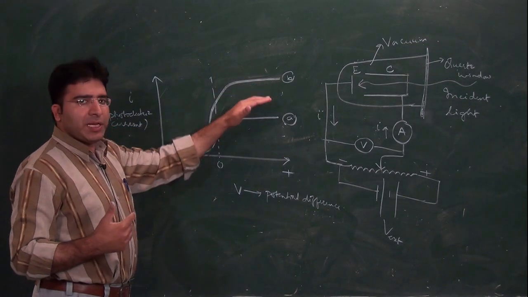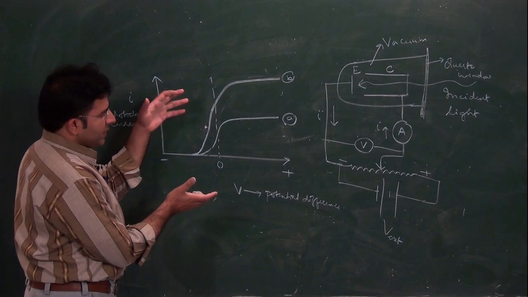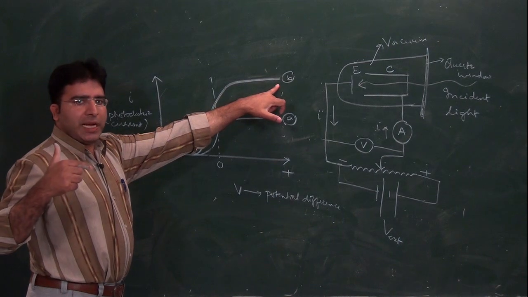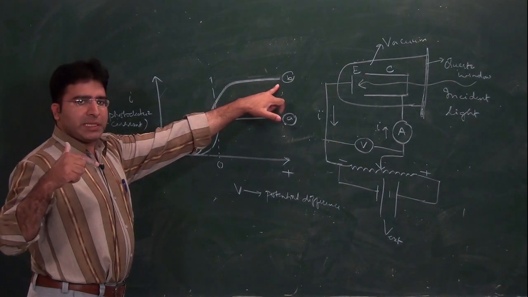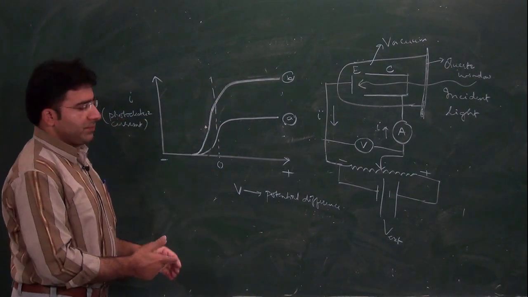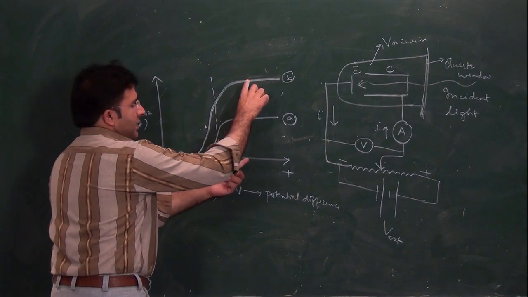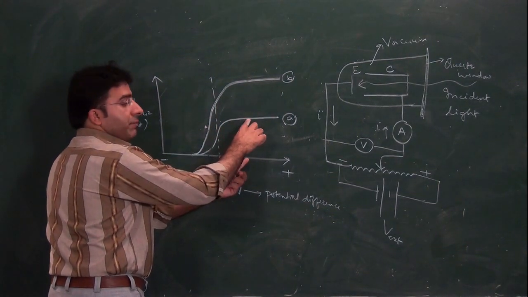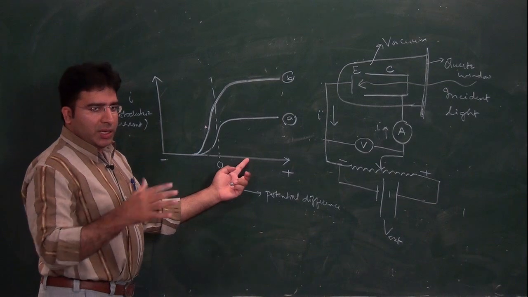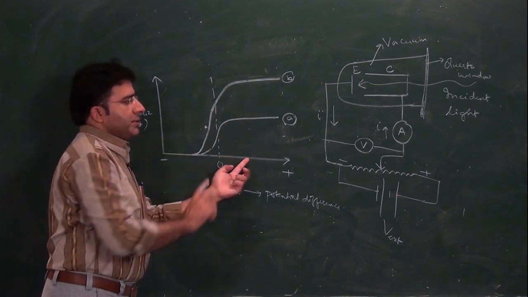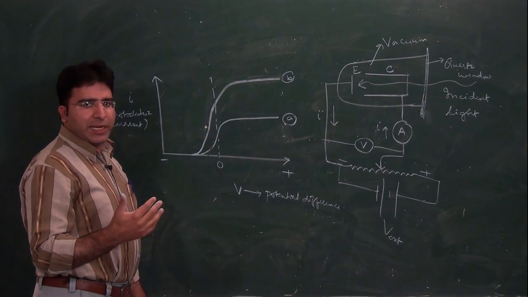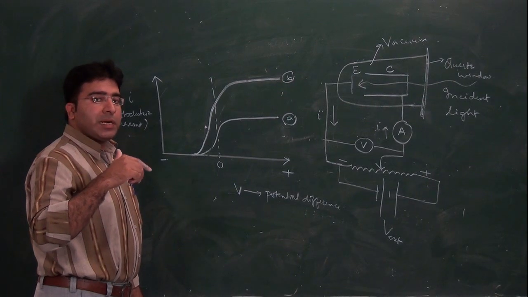And what we see experimentally is that when we double the intensity, keeping the frequency and the metal surface constant, the saturation photoelectric current doubles. So this distance is approximately twice this. In the graph it is approximate, but in the experiment, it is exactly twice. So when we double the intensity of the light, the saturation photoelectric current doubles.